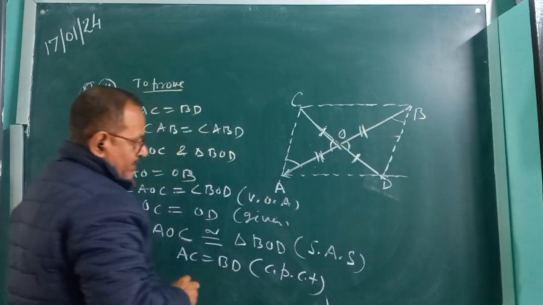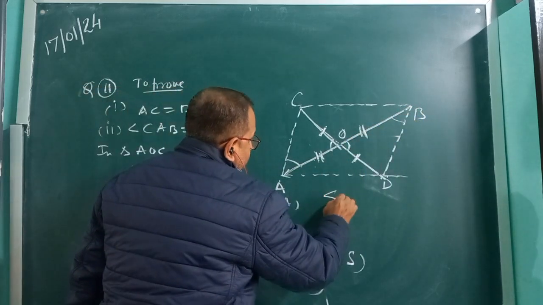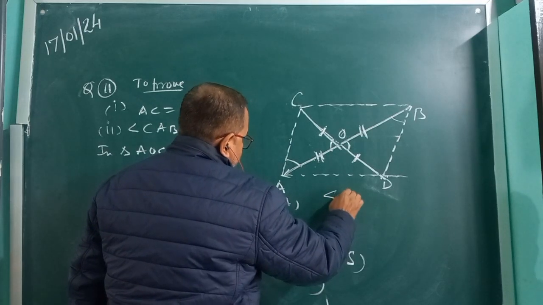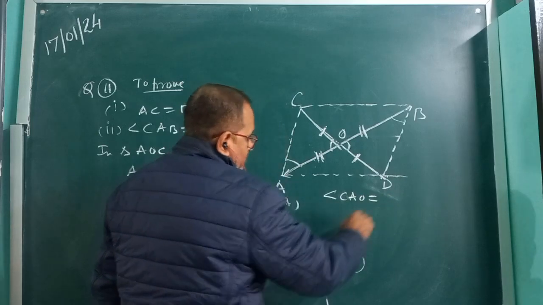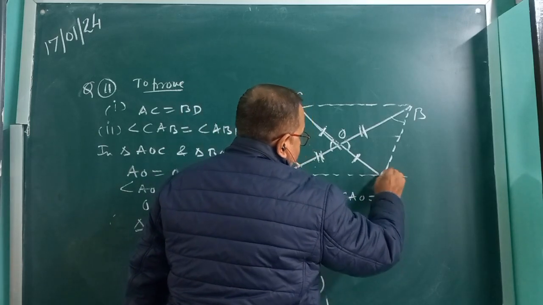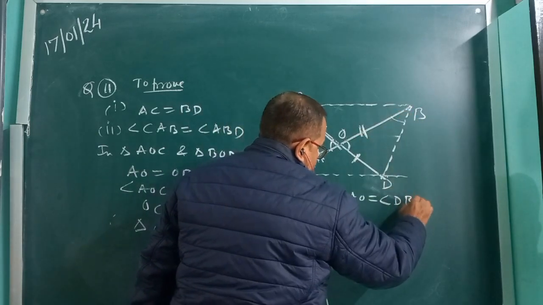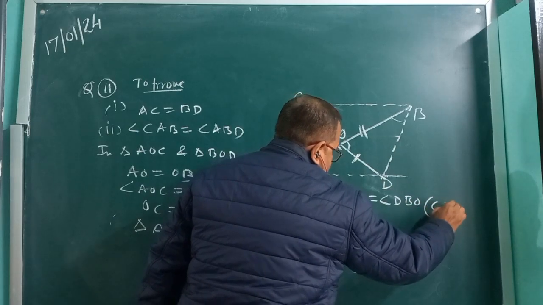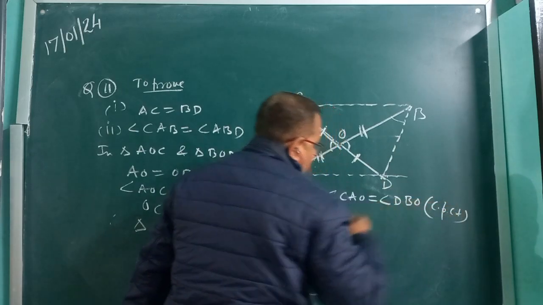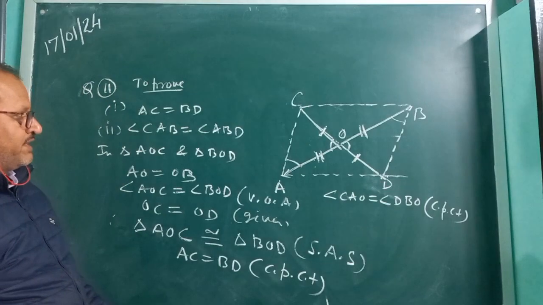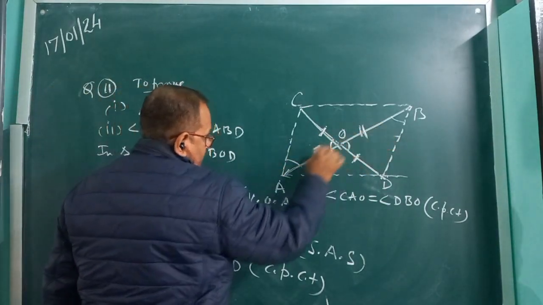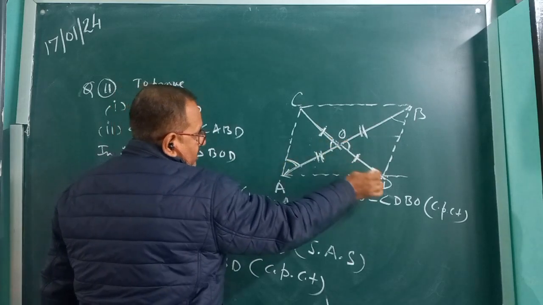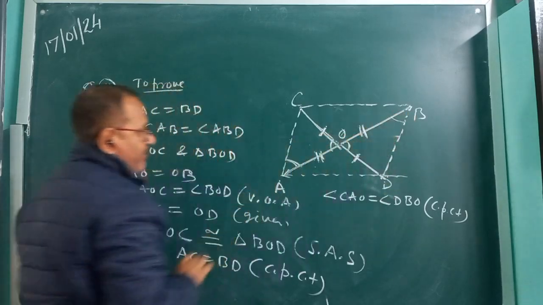So we can write angle CAO will be equal to angle DBO, by CPCT, corresponding parts of congruent triangles. These two sides are equal, so their opposite angles will be equal. Angle CAO is equal to angle DBO.